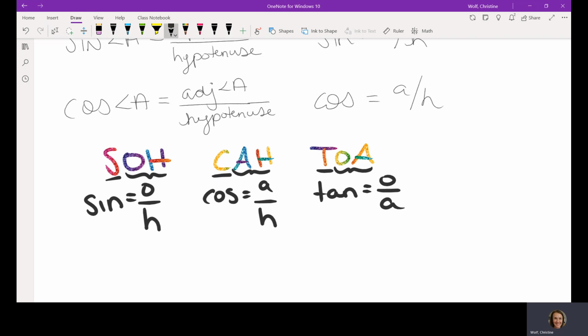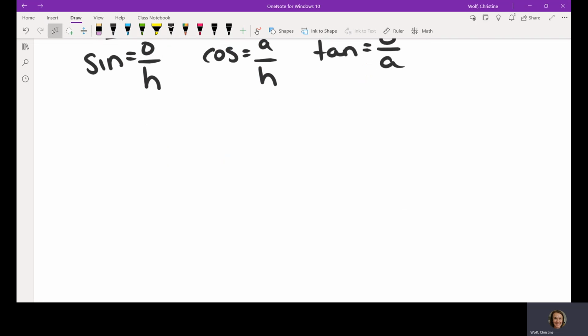Okay, so for your first example, we are going to determine the size of the indicated angle.